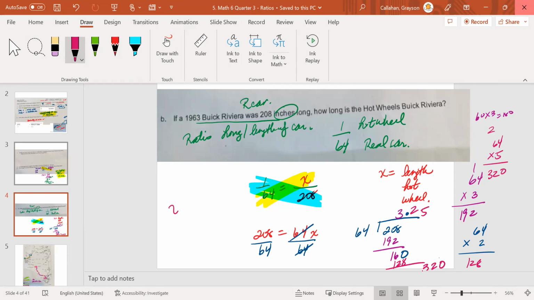So then there you have X equals 3.25. Is this the length of the Hot Wheel or is it the length of the real car? What's the dimension? What's the unit? Is it inches, centimeter, feet? Inches. And this is Hot Wheel. Okay. So that is your answer.